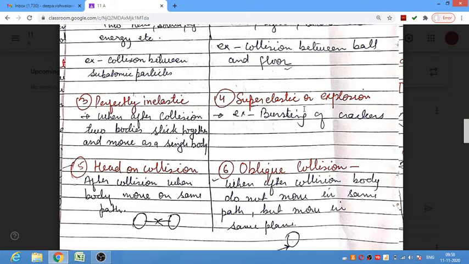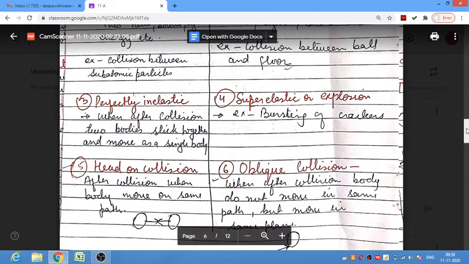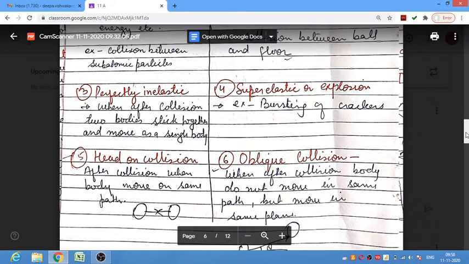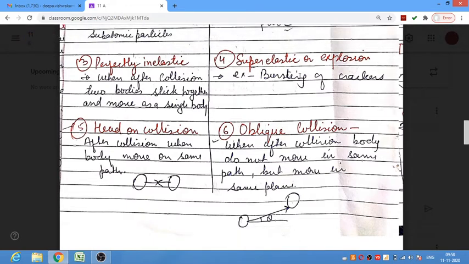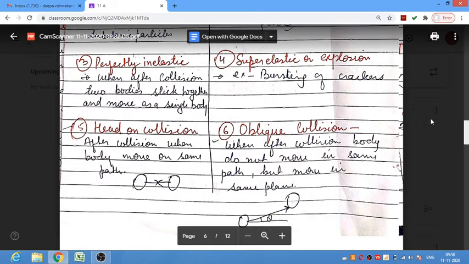The next type is the superelastic or explosion, like when any blast happens, or bursting of crackers, or explosion of a bomb. These are examples of the superelastic. In this case, one object is there, and after bursting its fragments can move individually.